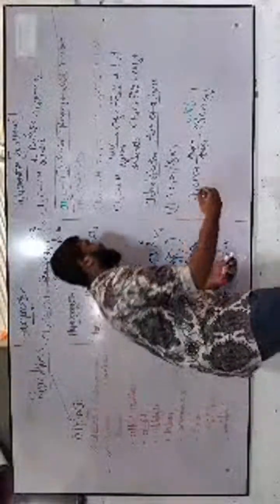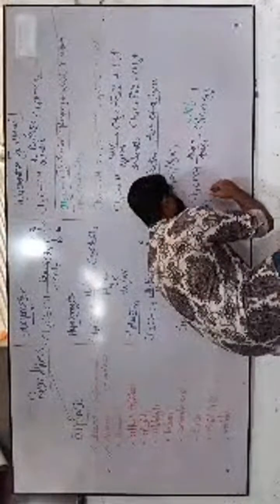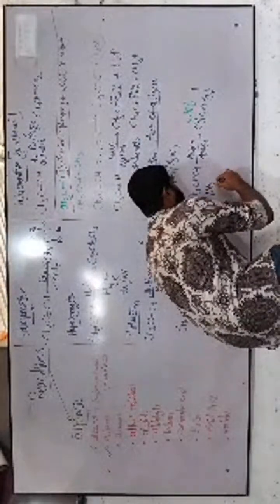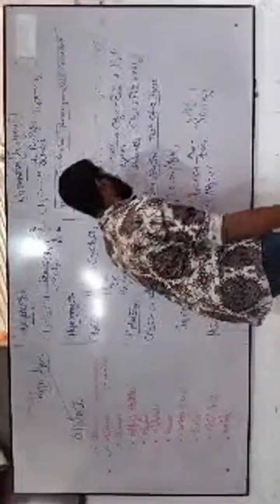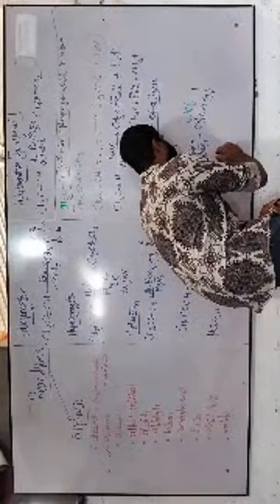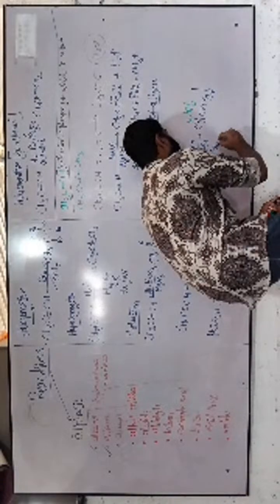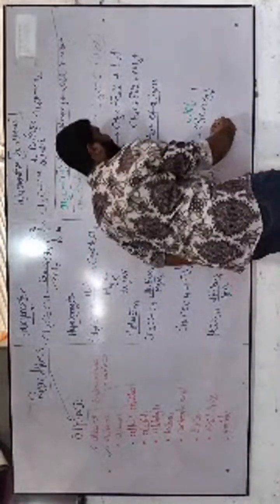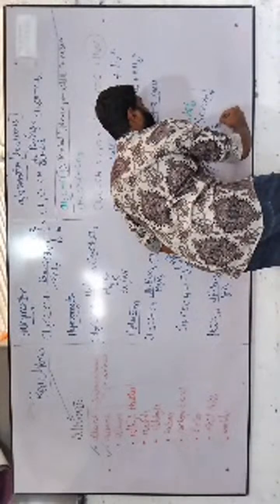Otherwise, you can use one more. Ammonium hydroxide and copper 2 plus aqueous solution. You can say this one as copper tartrate, right?